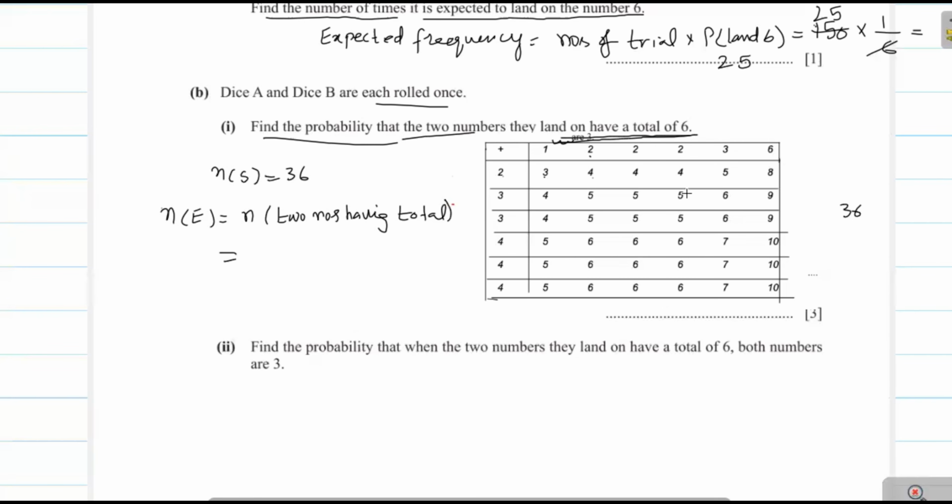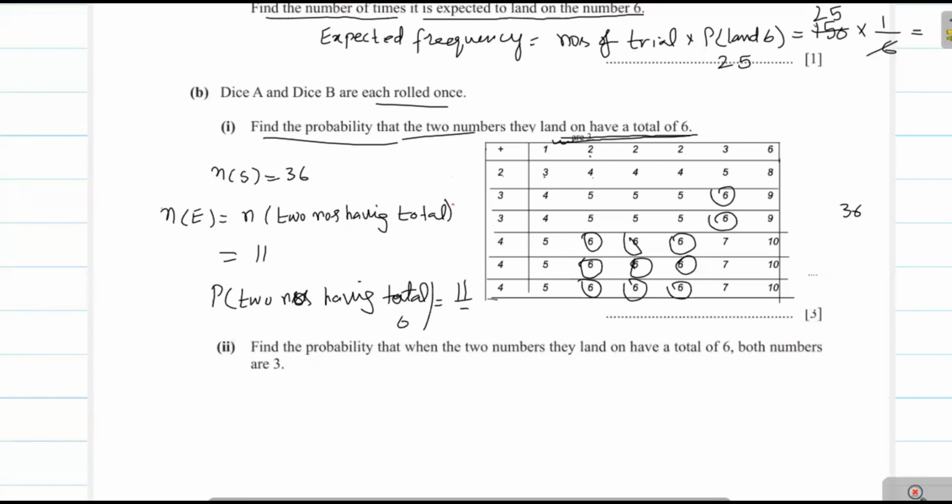Now you see here the total number of 6 here are 1, 2, 3, 4, 5, 6, 7, 8, 9, 10, and 11. Therefore, these are 11 outcomes here. Therefore, the probability of two numbers having total 6 equal to 11 over 36. And this is the answer.